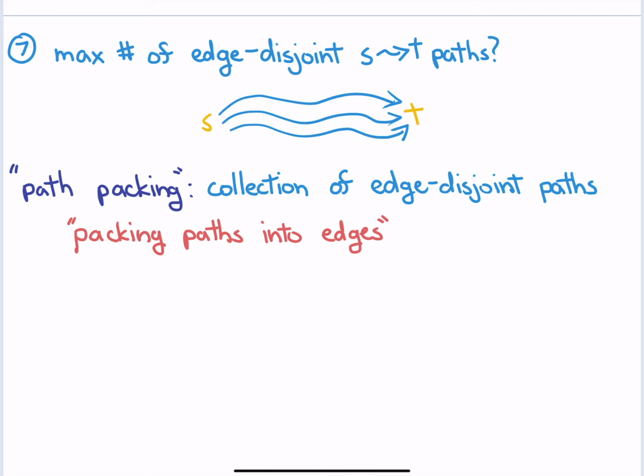In this problem, I'm thinking of taking paths from S to T, and I want to take as many paths as possible, but they share some resources, because each path uses a set of edges. Once I take a path, I've used up all those edges. So those are the packing constraints. I'm trying to pack the paths into the graph, but I'm only allowed to use each edge once. This is not the only packing problem we'll see.